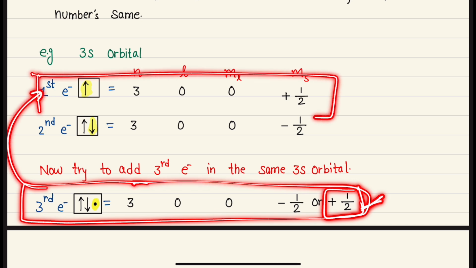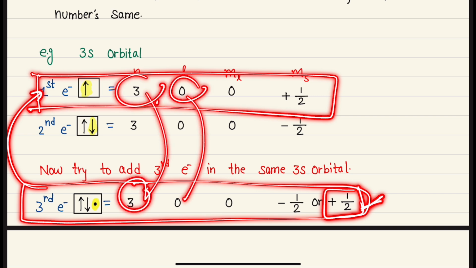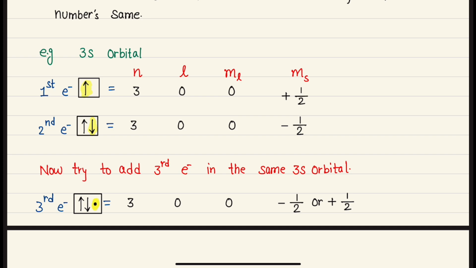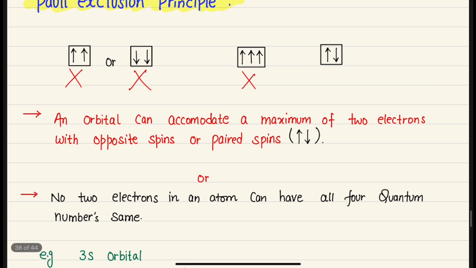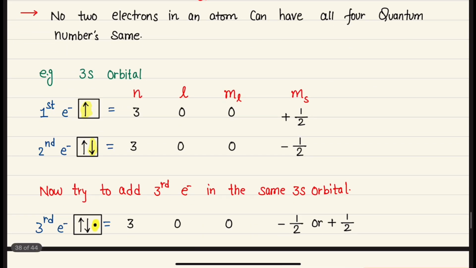All four quantum numbers are the same. 3, 3, 0, 0, 0, 0, plus half, plus half. See, what does this mean? It means if you fill more than 2 electrons in an atomic orbital, then it will violate the Pauli Exclusion Principle. Understood? So this is what Pauli said.